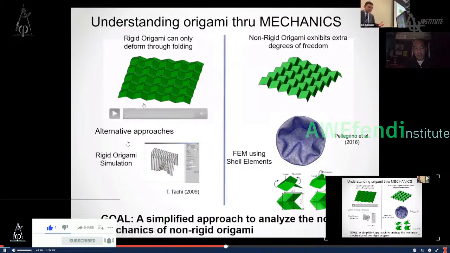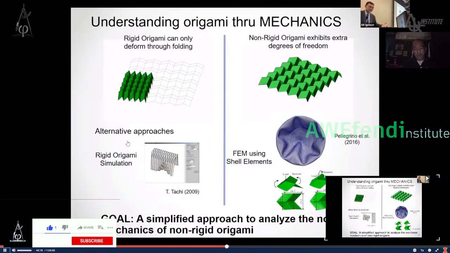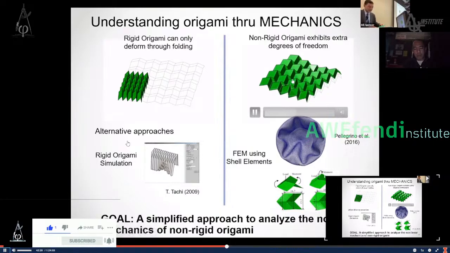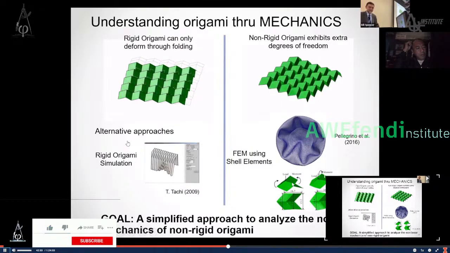And a lot of the work in origami is based on rigid origami like this, where the panels do not deform. But if we do bending, for example, then we are going to have a non-rigid origami, as you can see here. And again, the point is that with FEM, doing this type of simulation can be very time-consuming, okay?